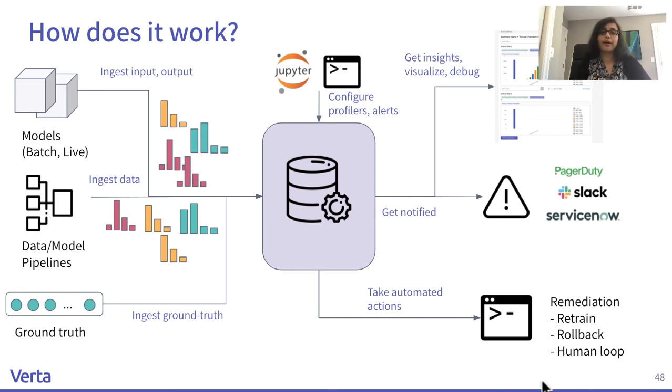Those things could also be automated through webhooks. And we have a function for configuring profilers and alerts, where instead of using out-of-box profilers or alerters, you can build your own alert mechanism and just codify that programmatically. So again, the goal is to provide out-of-box functions, but give you enough flexibility to customize them.